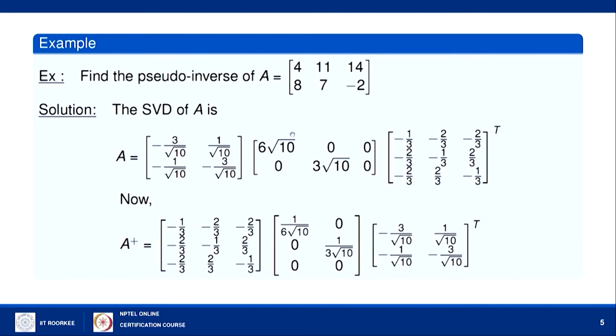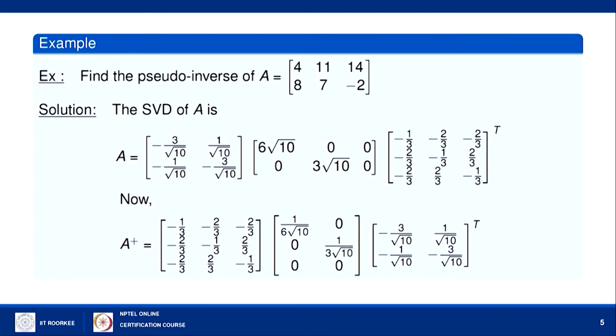Here the singular values of A are 6 root 10 and 3 root 10, and these come from the eigenvalues of A A transpose. A A transpose will be a 2 by 2 matrix, and its eigenvalues will be 360 and 90.